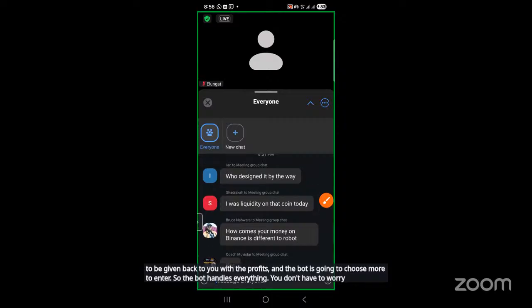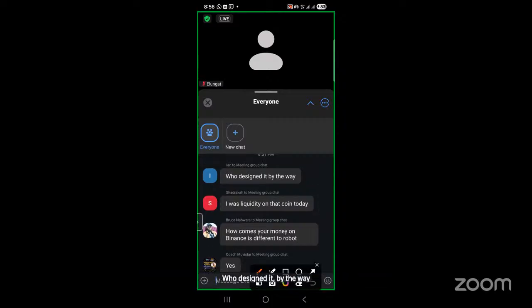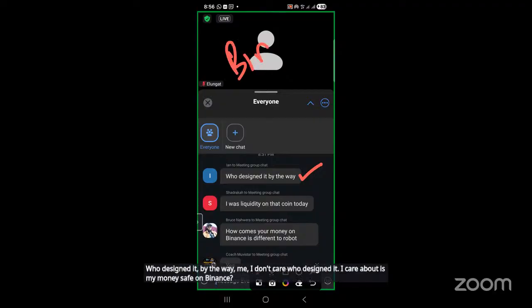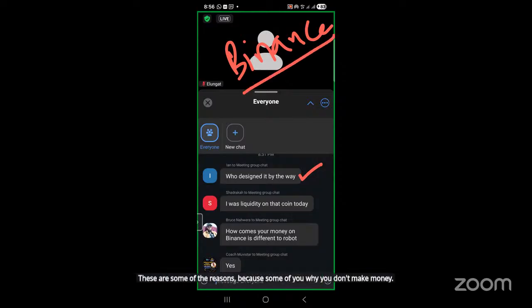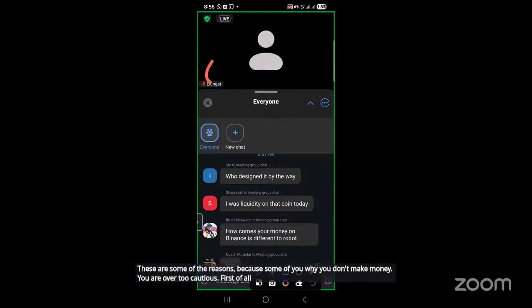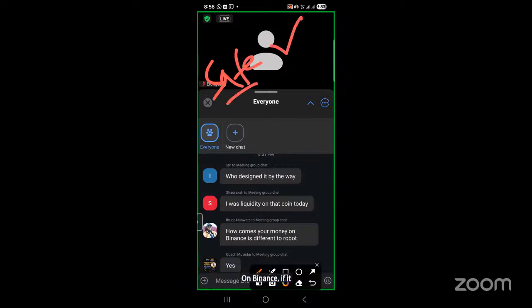Who designed it, by the way? Me, I don't care who designed it. I care about, is my money safe on Binance? This is one of the reasons why some of you don't make money: you are overly cautious. First of all, ask yourself, is my money safe on Binance? If it is safe, tick. Yes. Is the bot making money? If it is, tick, yes.